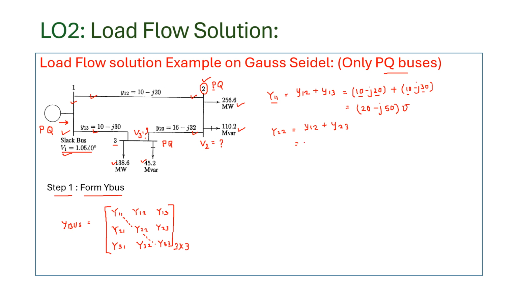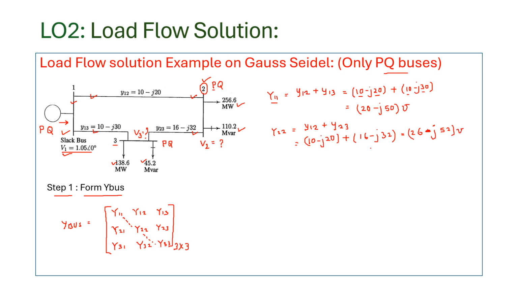Y12 is 10 minus J20 plus 16 minus J32. So we get 26, adding the real parts, and then adding the imaginary parts, please note this is minus J, 20 plus 32 is 52. So Y22 is 26 minus J52.